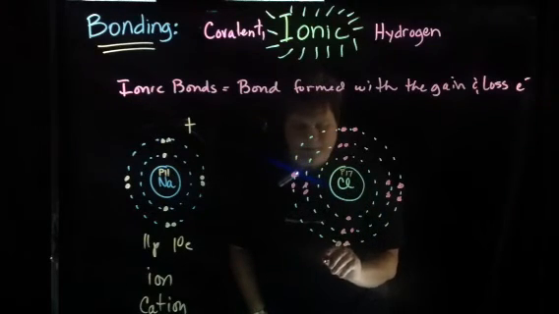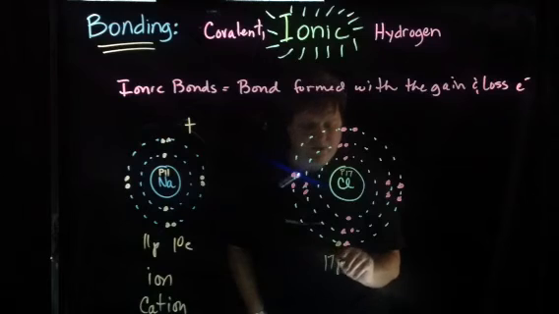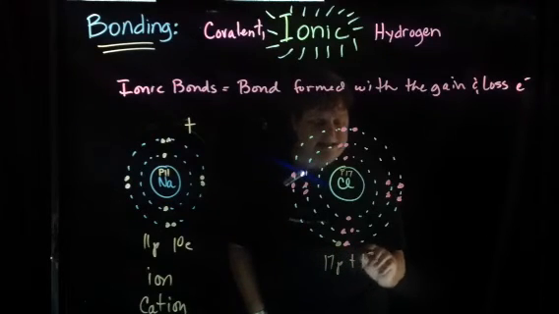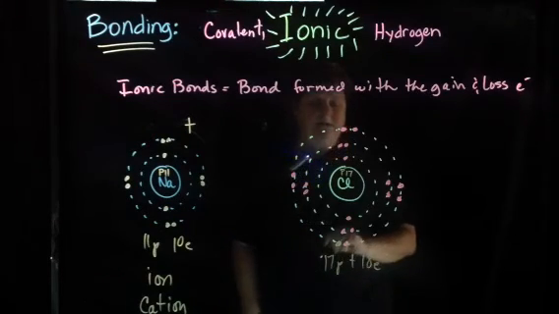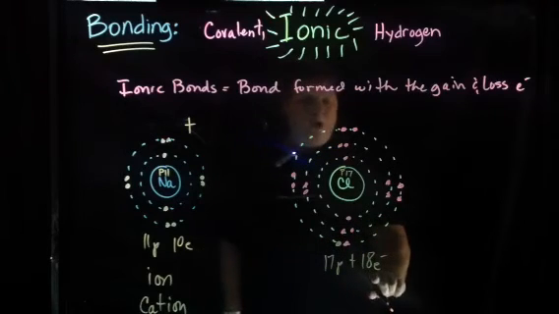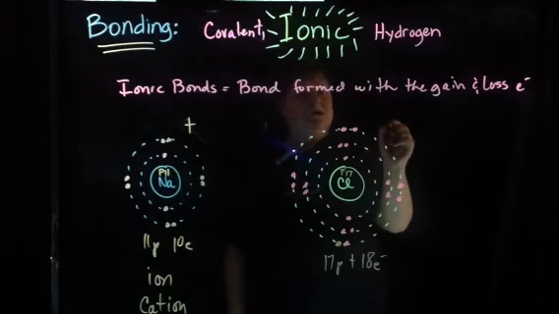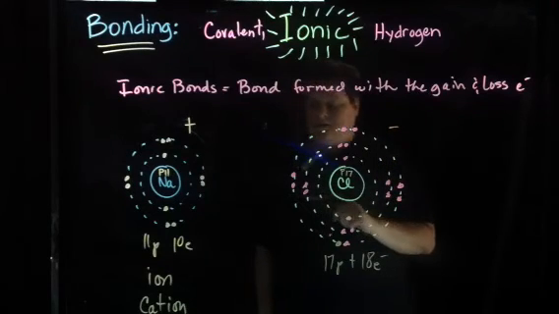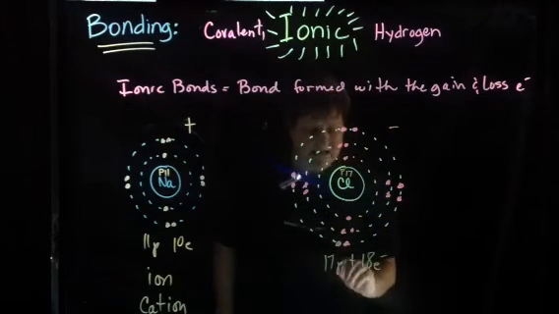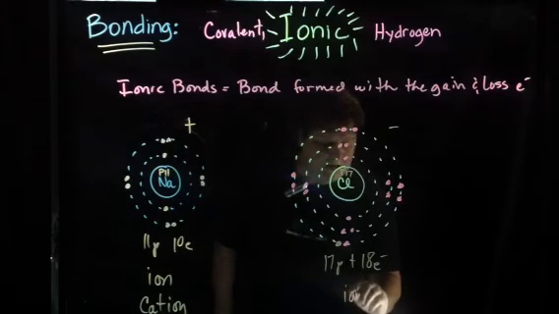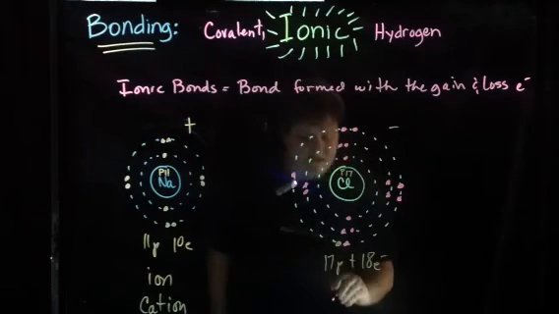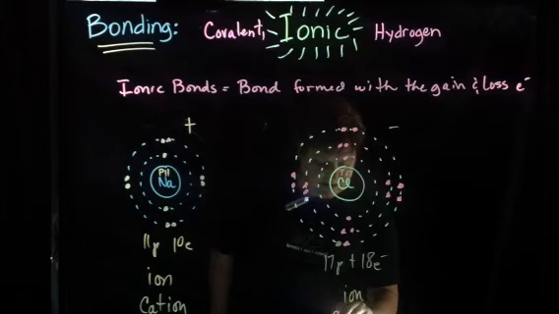So we've got 17 protons plus 18 electrons. That means we have 1 more minus charge than we do plus charge. So chlorine becomes negatively charged, and again, it is no longer an atom, but an ion, and because it's negatively charged, it is called an anion.